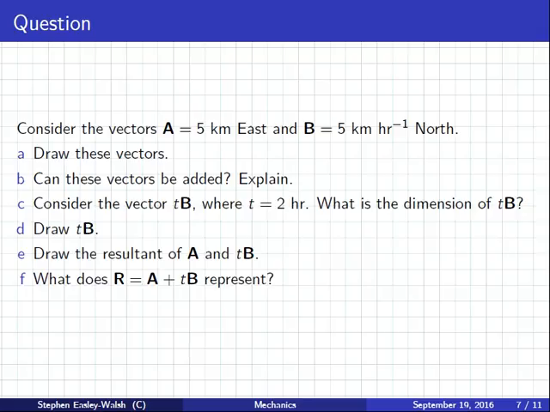Alright, are we ready to see the answers here? Not yet? Okay. If you finished writing them down and you want to try and answer them, you can. I'm going to do them now in a minute. I'm sure you can definitely do the first part, which is to draw them.